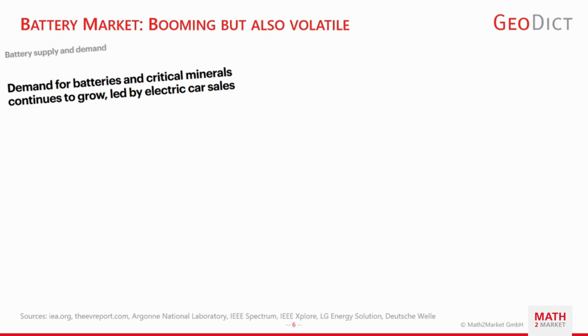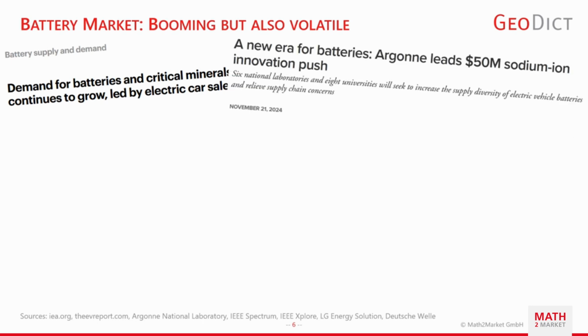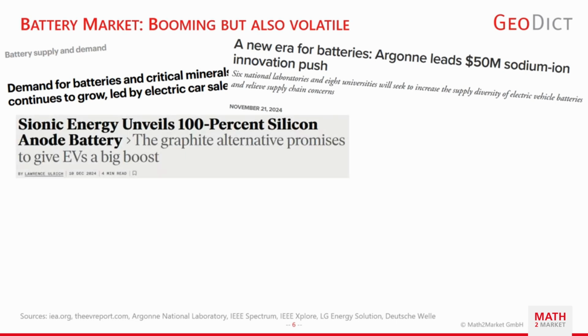So you want to make good use of the raw materials inside of your battery. Then there are new technologies coming up, the sodium-ion battery, for example, but also silicon anodes. We have seen in the morning in the plenary talk from Professor Lee some work on silicon electrodes also.